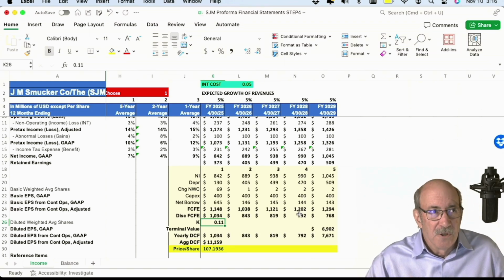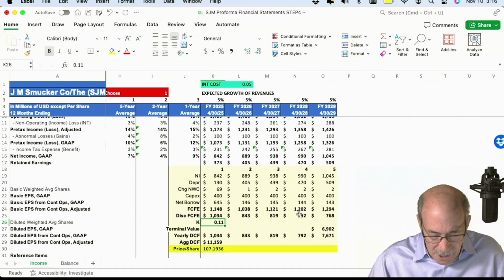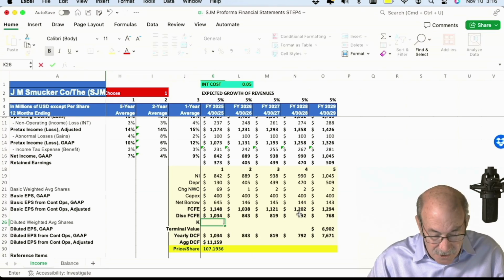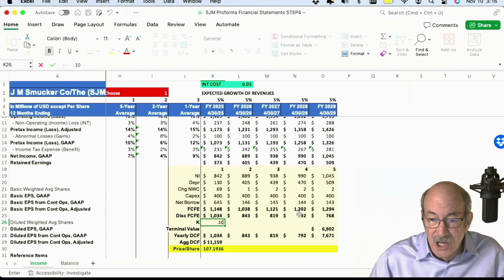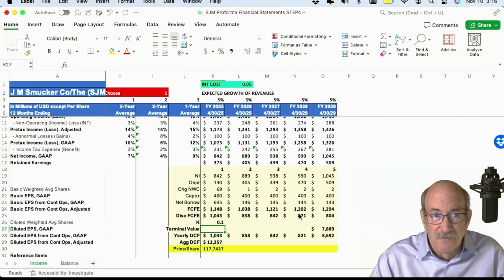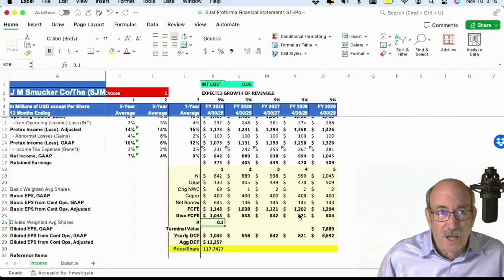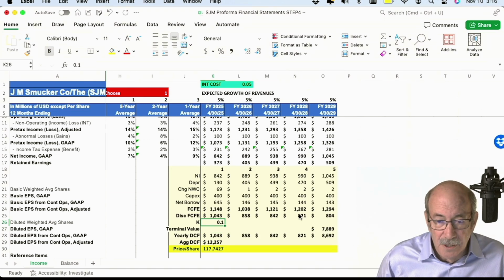If you start with a simple number and your teammate says, "Oh, I've got the K. It's actually 10%," I can easily change it, and all of my present values change as well. So again, try to keep things flexible. Try to keep them orderly.